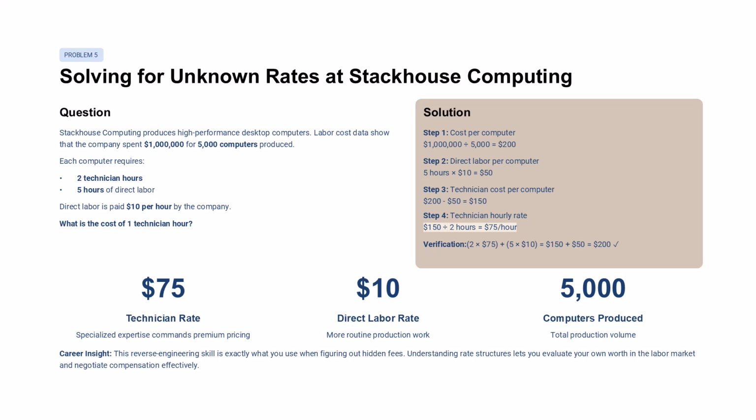The Stackhouse scenario mirrors the labor cost structures at companies like NVIDIA or AMD, where building high-performance computing requires both specialized engineers, technicians at $75 per hour in our example, and production line workers, direct labor at $10 per hour. As Jensen Huang, NVIDIA's CEO, has explained, their GPUs require extraordinary engineering expertise in the design phase but more routine labor in assembly.